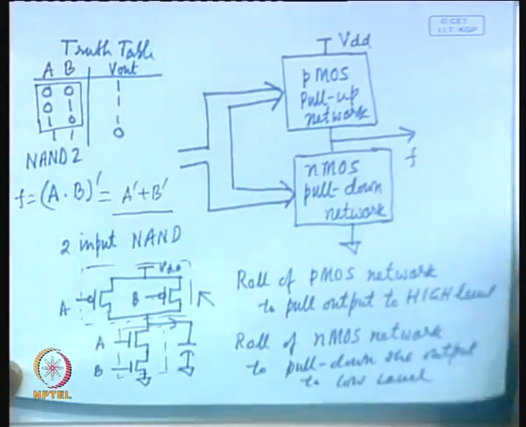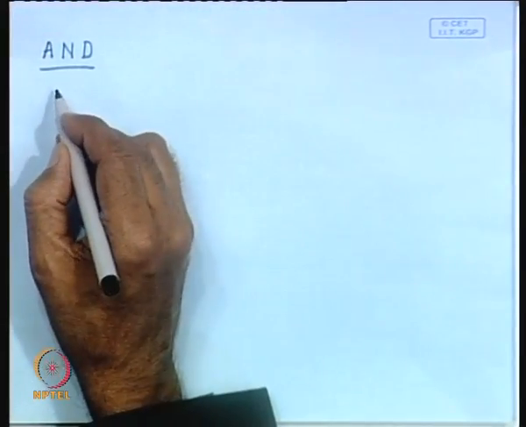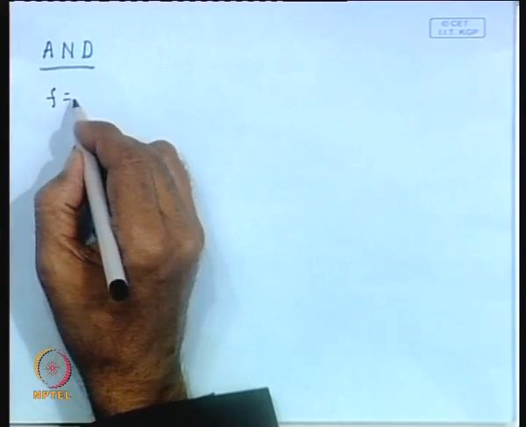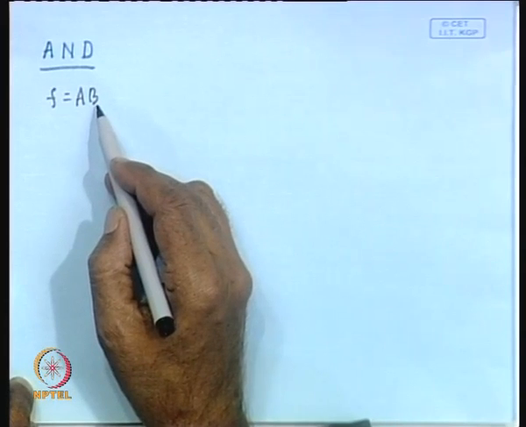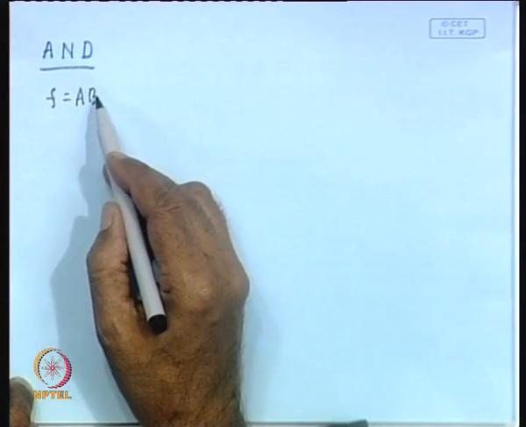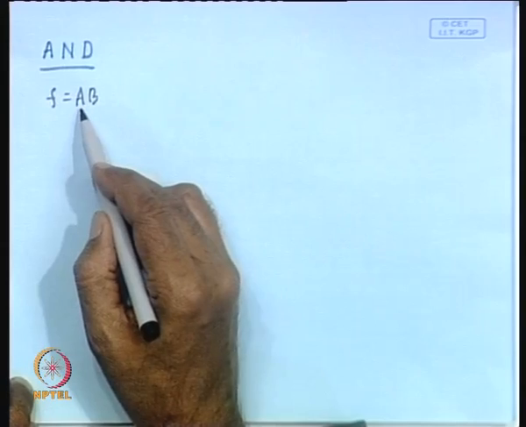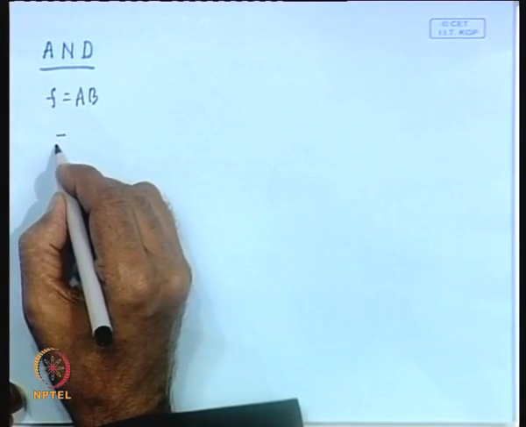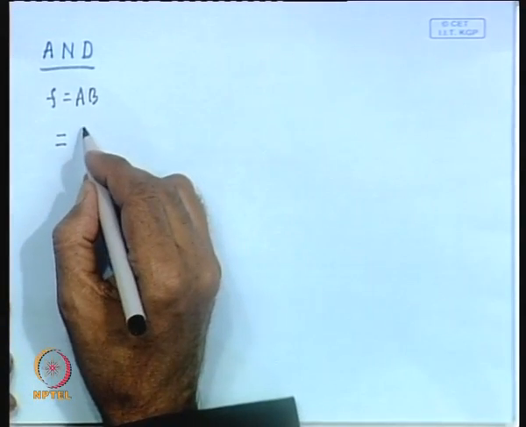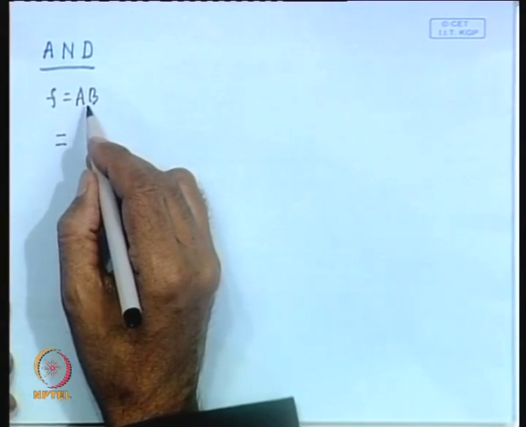We have diverted to this, the reason is whenever you are realizing an AND gate, it is not so. Whenever you are realizing an AND gate, f is equal to a b. Obviously, you cannot really realize an AND gate just by applying a and b. Of course, you can use De Morgan's law to represent it in different ways.